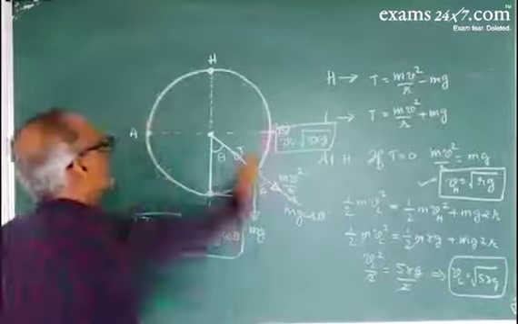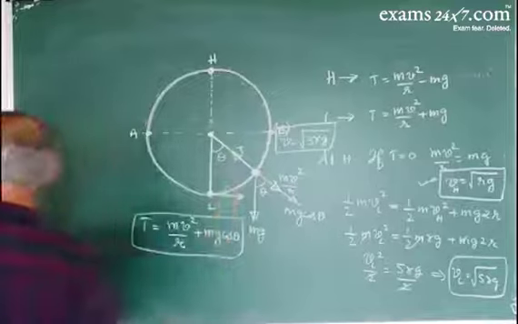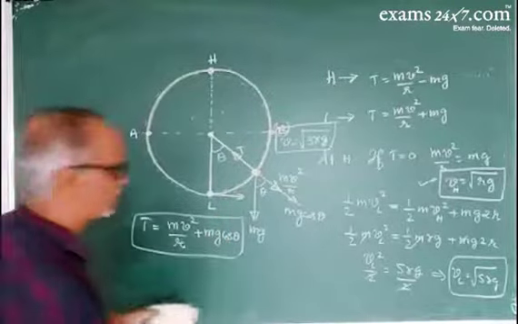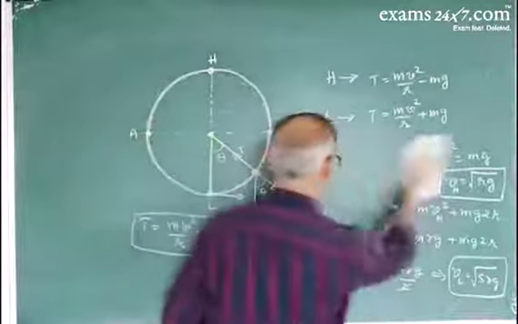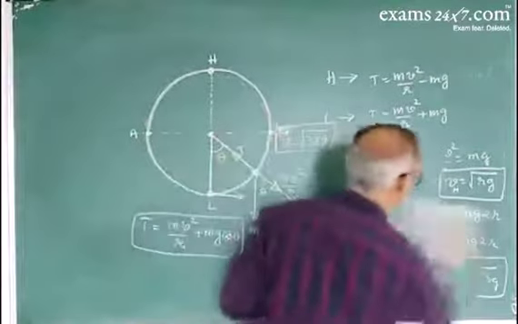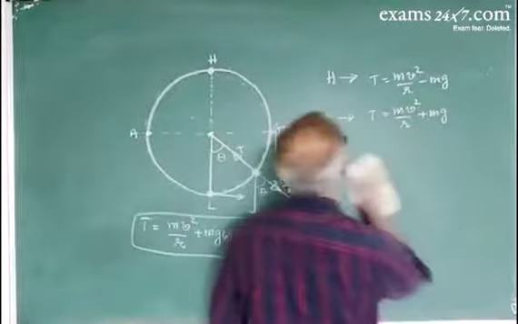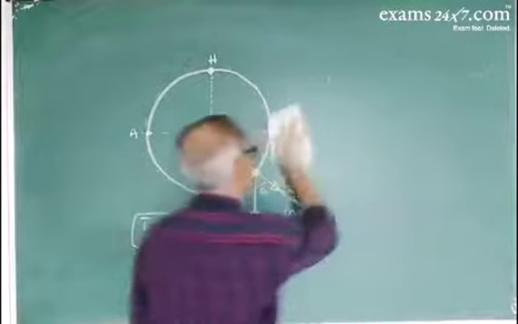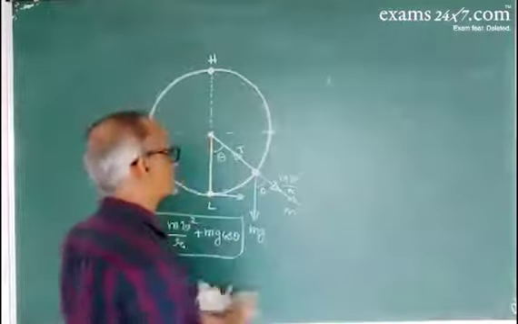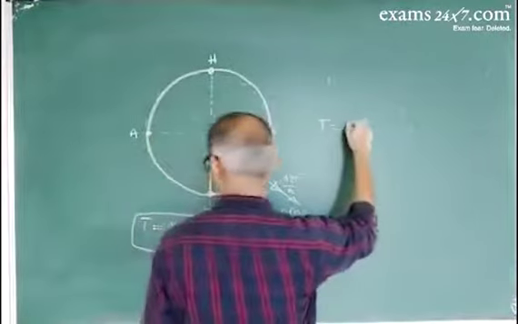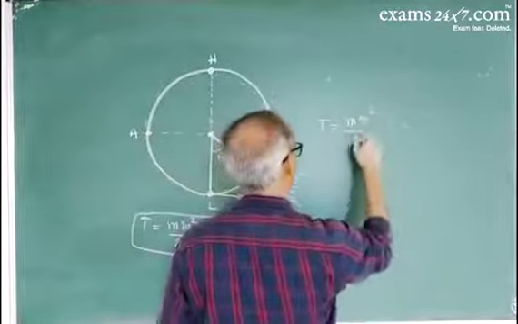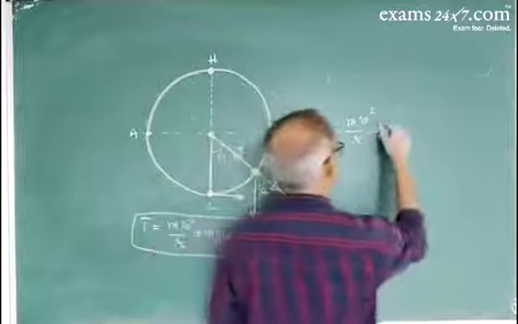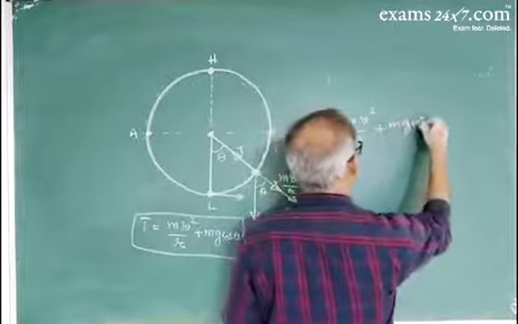Now at these 3 points, when the velocity at the lowest point is root 5rg, what is the tension at the 3 points? So we can calculate using this particular formula. So what is the general formula? T is equal to mv square by r plus mg cos theta.